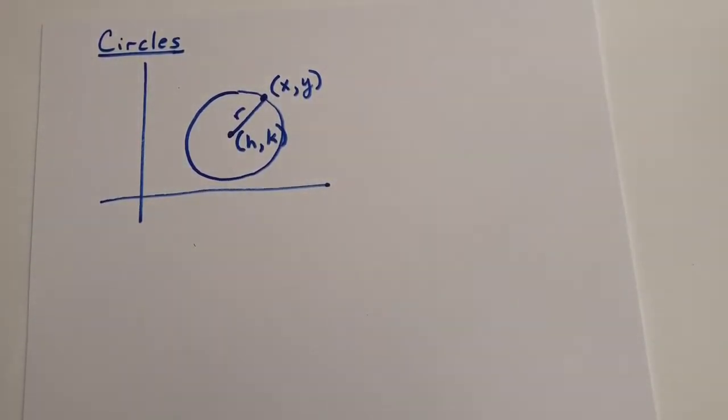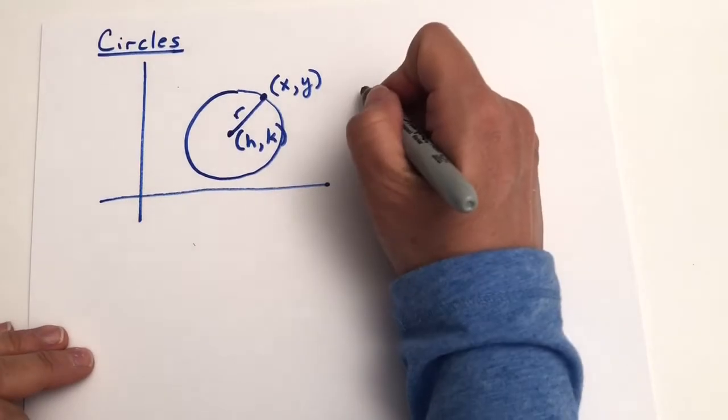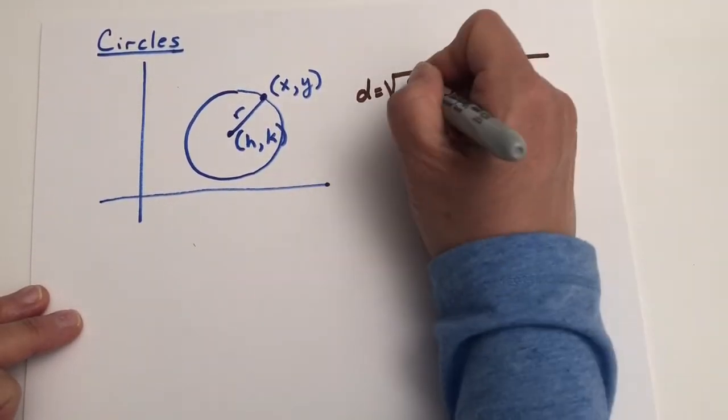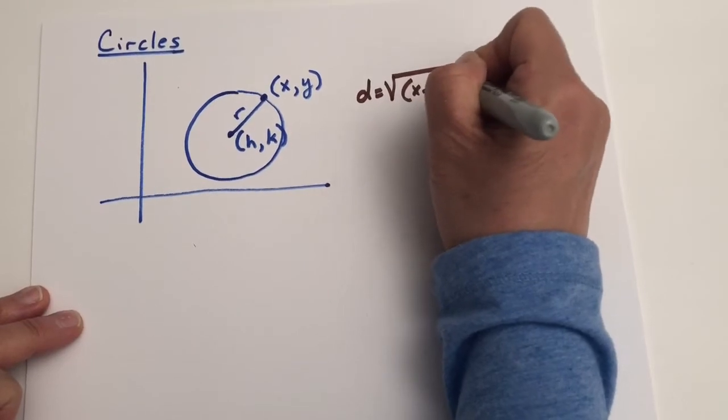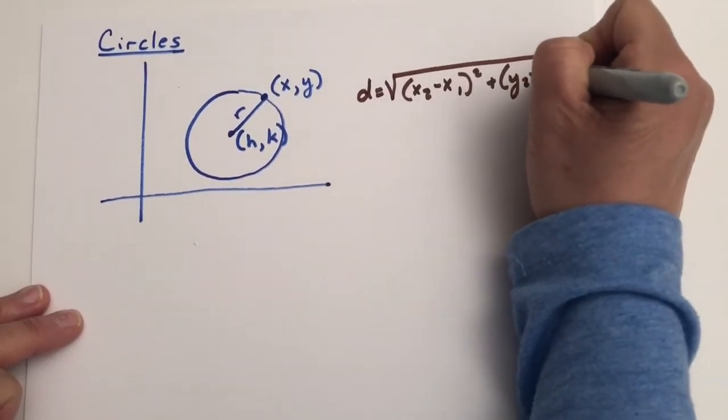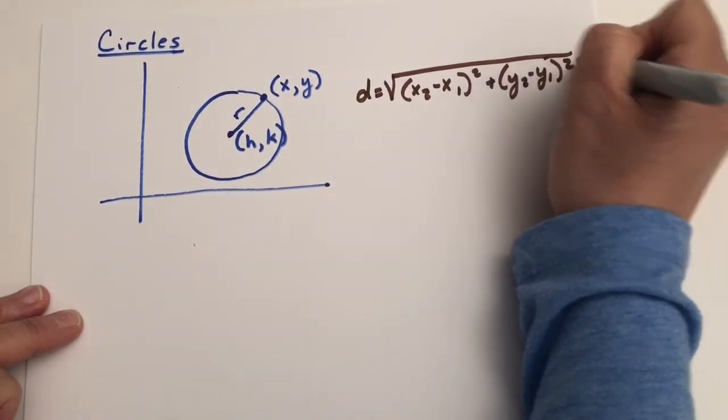So to find the equation of a circle, remember the distance formula is the square root of (x2 minus x1) squared plus (y2 minus y1) squared.